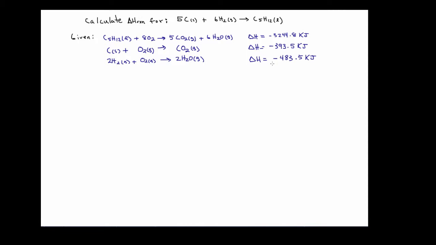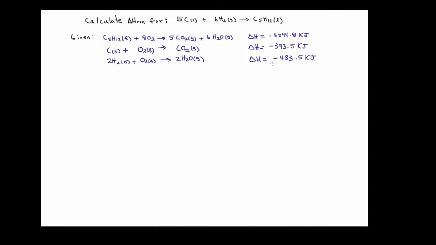The rules basically are the following. If you reverse a chemical equation for which there is a delta H value, you utilize the magnitude of that value, but you change the sign. So in other words, when you reverse a reaction, the magnitude of delta H stays the same, but you flip the sign.